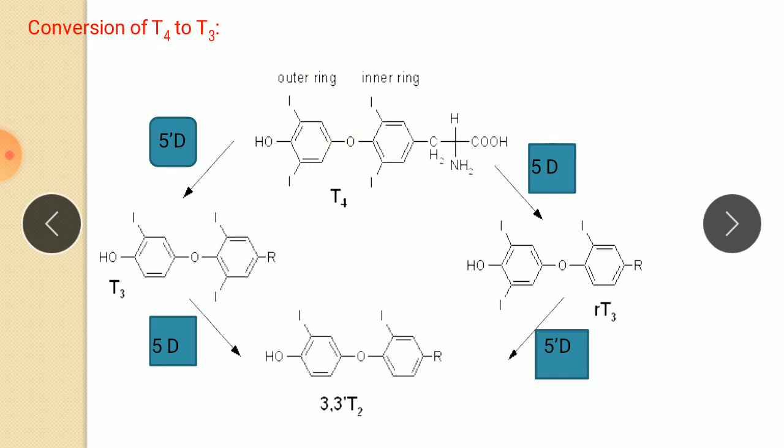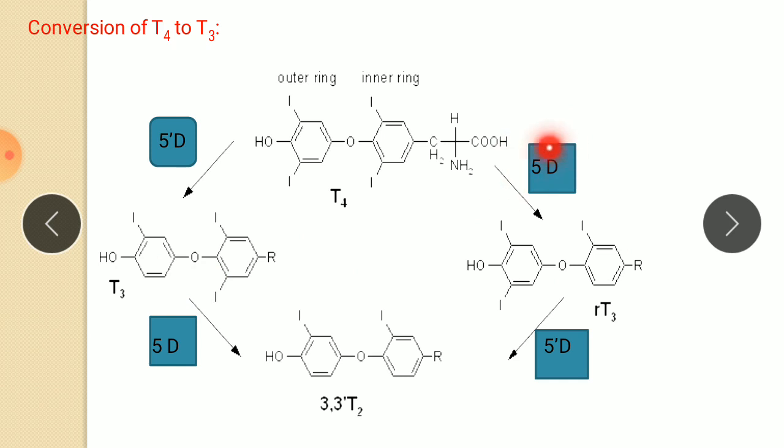So here is the 5' position. This is the 5' position of T4. So this 5'D enzyme removes this iodine and it forms T3. Here there is only removal of iodine from the 5' position. It forms T3.